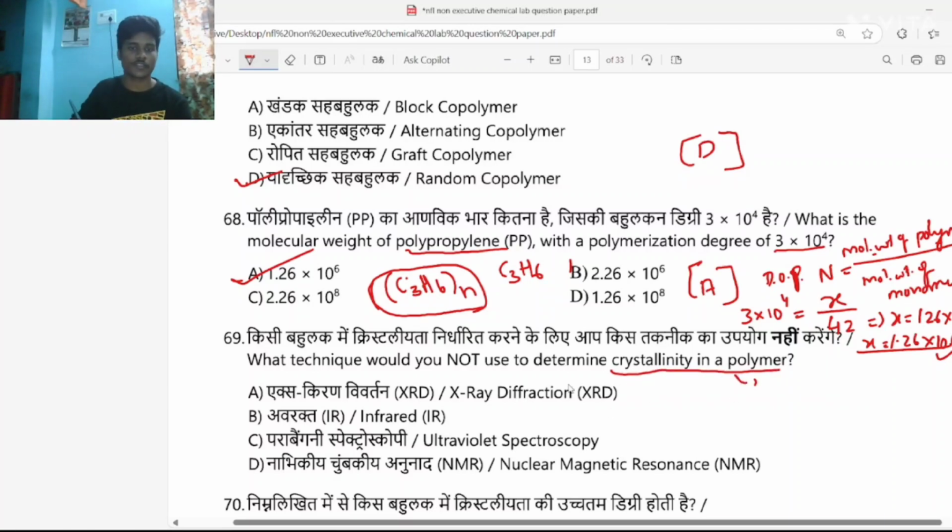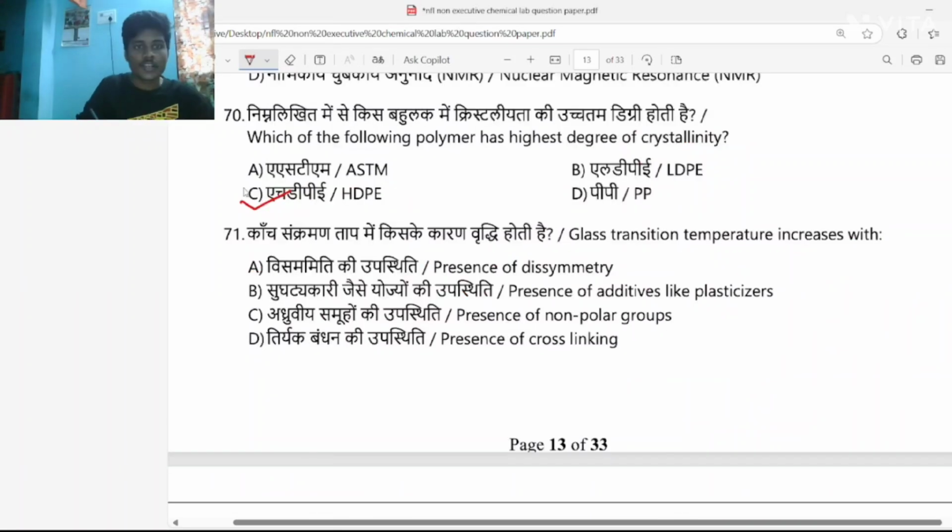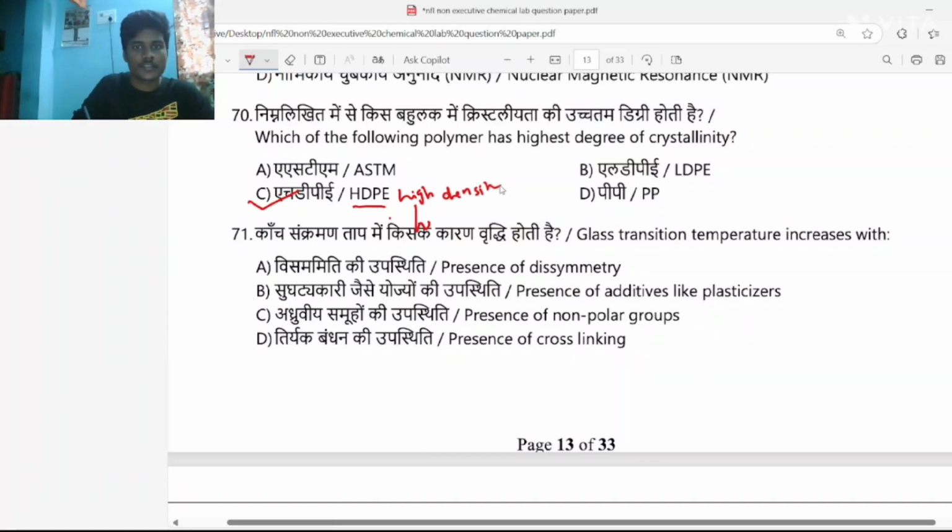Which of the following polymers has the highest degree of crystallinity? Options are ASTM, LDPE, HDPE and PP. So answer would be option C. HDPE is the correct answer. HDPE is nothing but high density polyethylene.